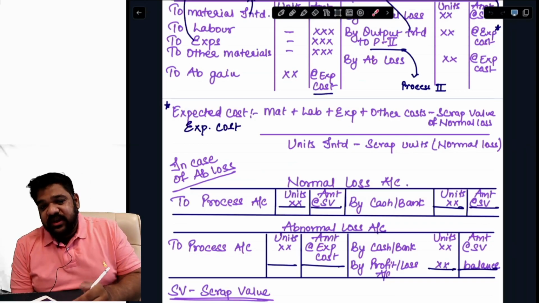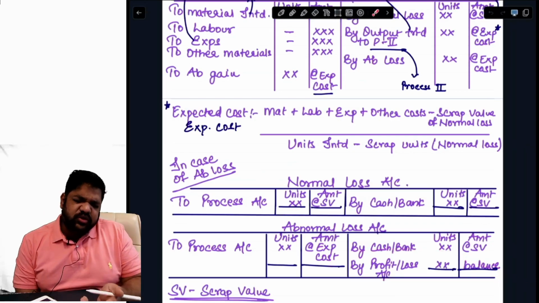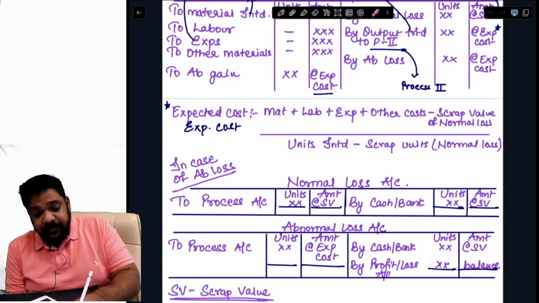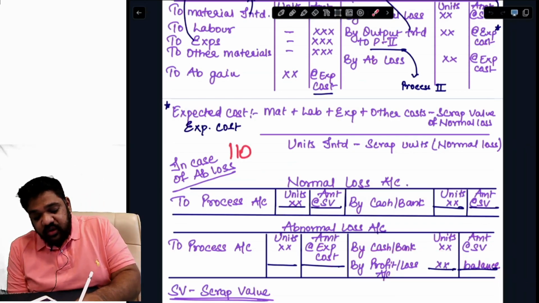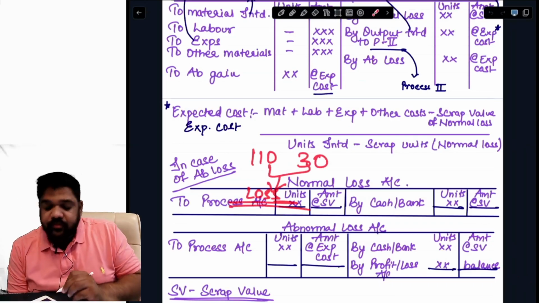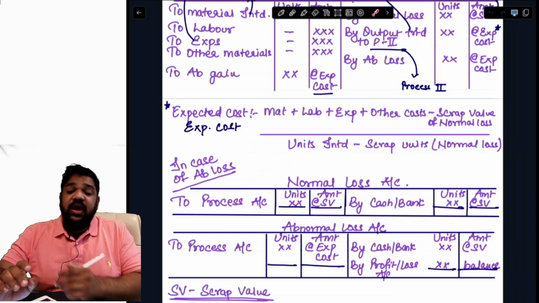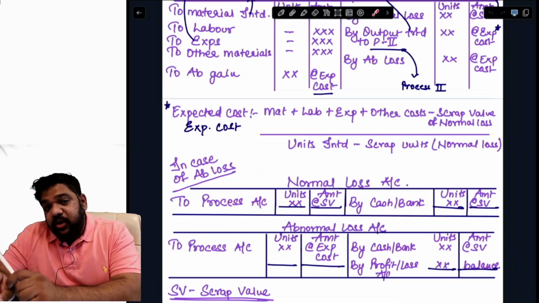Whatever is the difference is your profit or loss, which is always going to be a loss. For example, if the expected cost per unit is 10, and you collected scrap value of only 2, the balance, 8, is your loss. Are we understanding? So this is your basic process account when there is an abnormal loss.